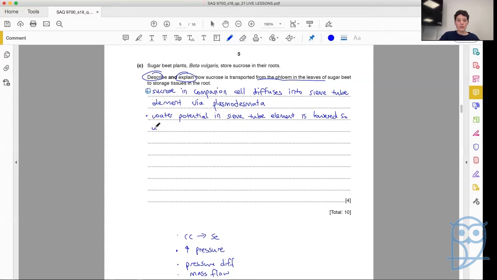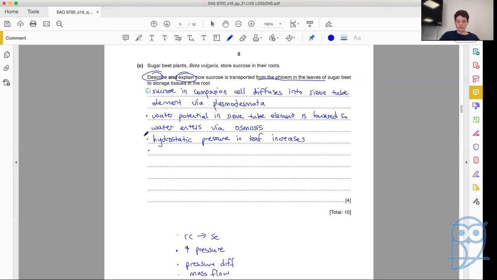So water enters via, phloem is living tissue, so across the cell membrane via osmosis. Okay, so now we have a whole lot of water entering. We are increasing that hydrostatic pressure. Hydrostatic pressure in leaf increases.